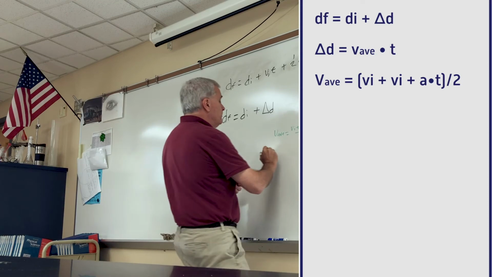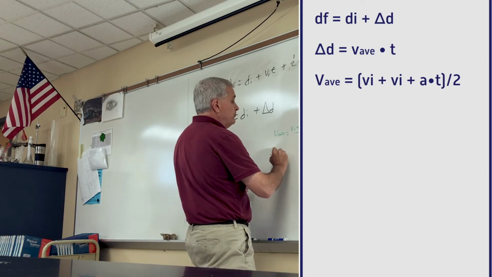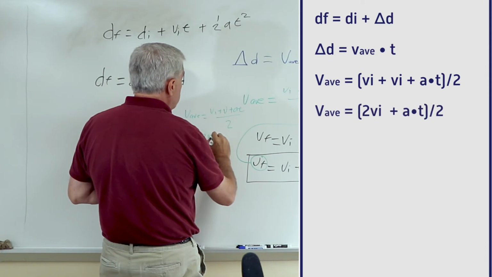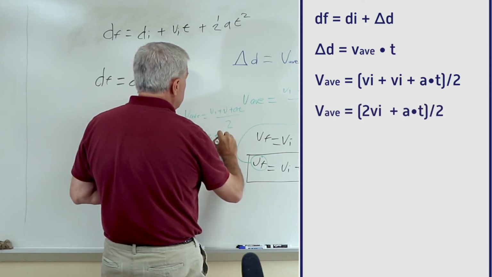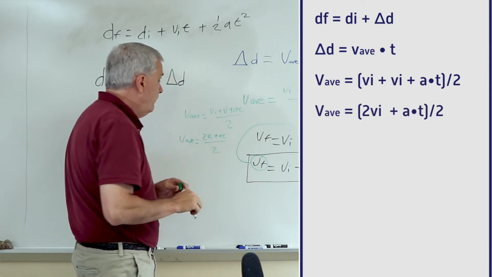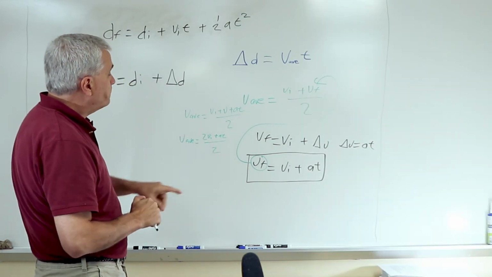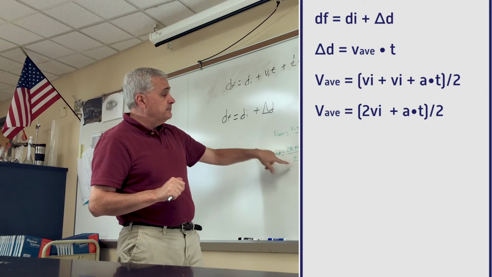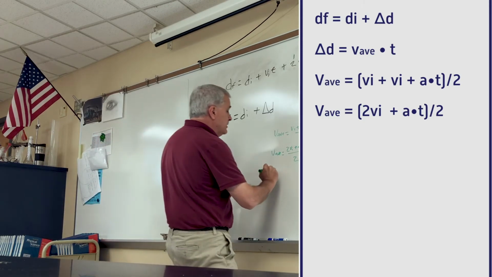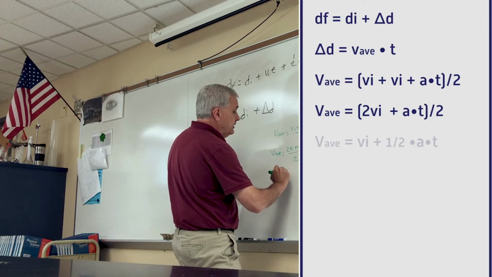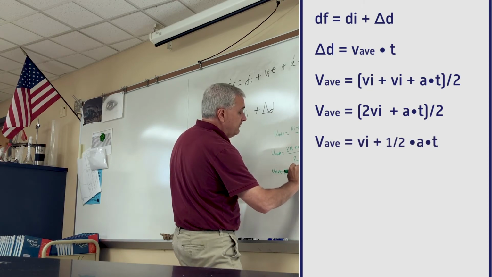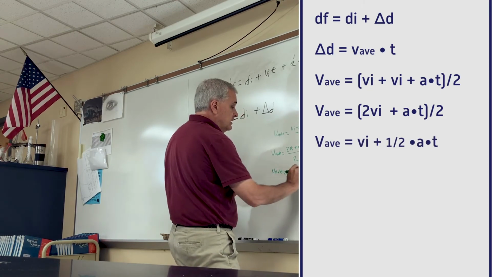Algebra, V average equals 2 V I plus A T over 2. Now I can divide this out, and that will give me the average velocity equals V I plus 1/2 A times T.